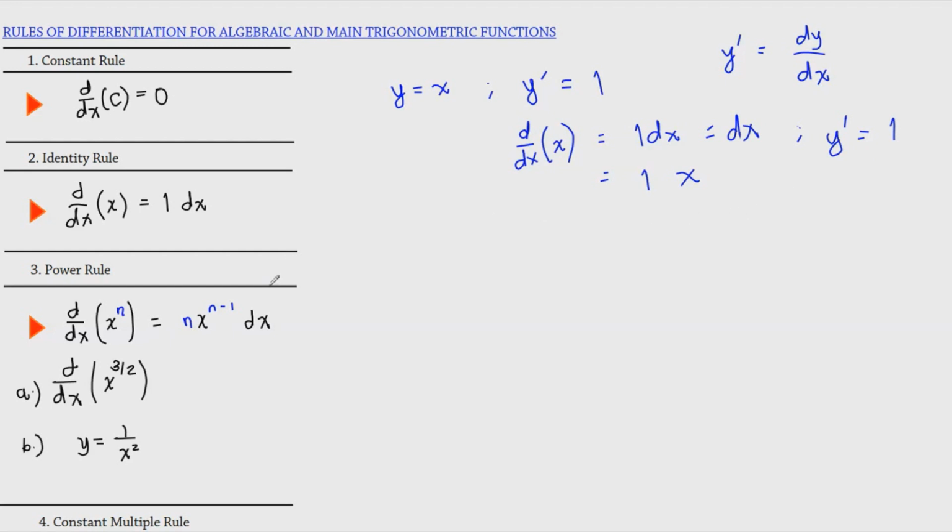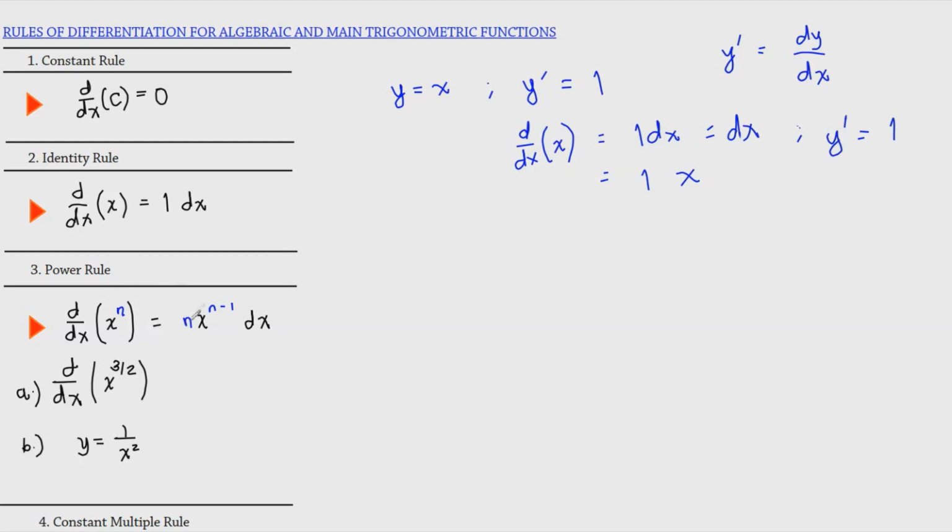Now let's move on to the third and probably the most often used rule for differentiation, and that is the power rule. We have a general expression of x, or the independent variable, raised to n, where n is a real number, any power you can think of, as long as it's not complex, as long as it's on the number line.